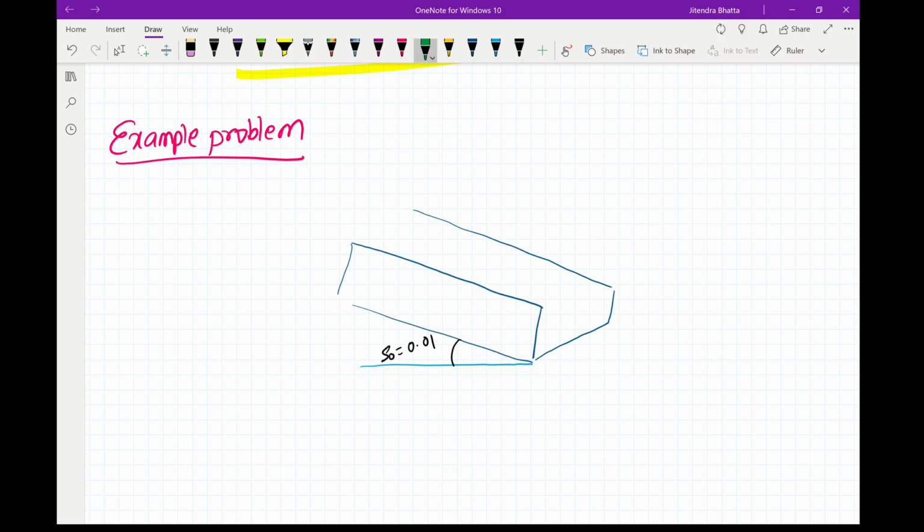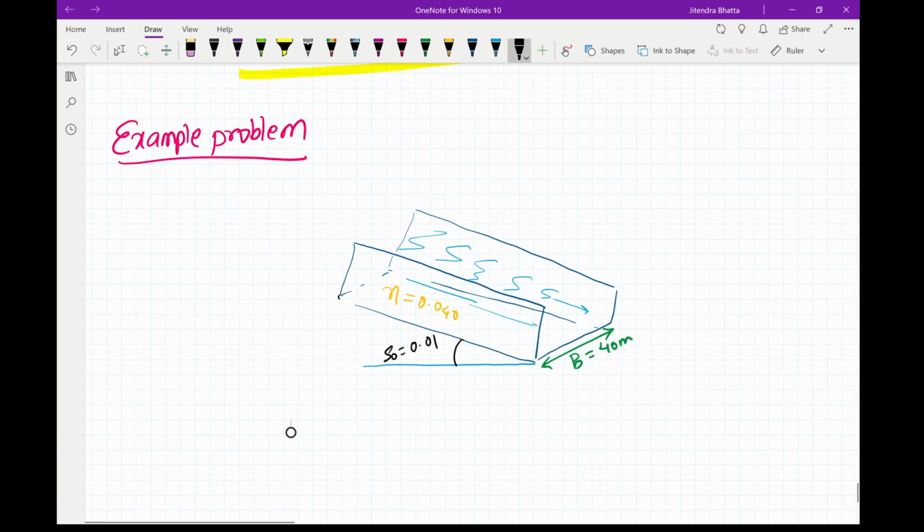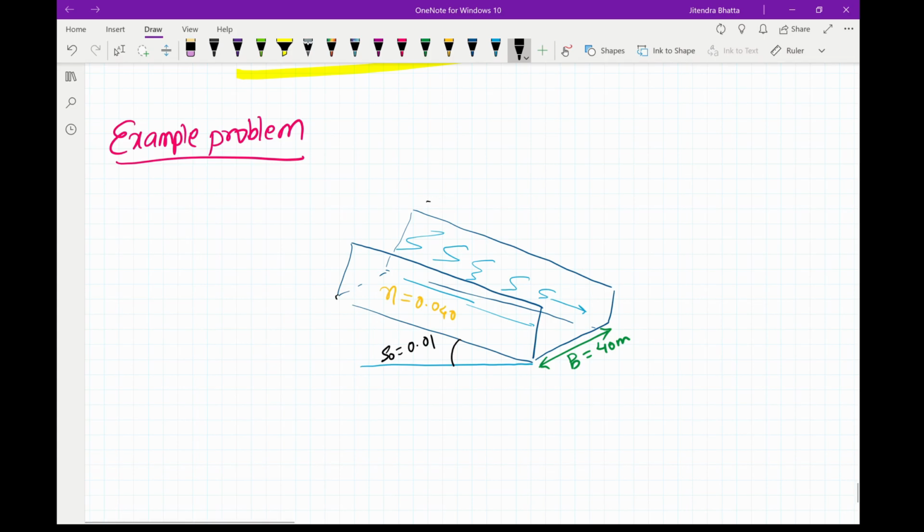Let's say the width of the channel B equals 40 meters, and in this channel you have water flowing, and for this channel section your Manning's coefficient is 0.040, and the total length of this channel be 5 kilometers, and delta t, the time interval, be 1 hour.